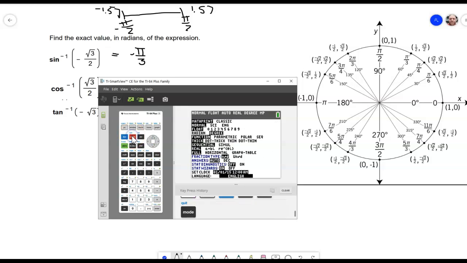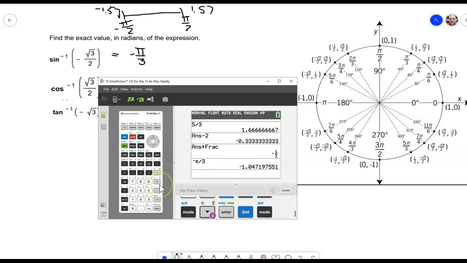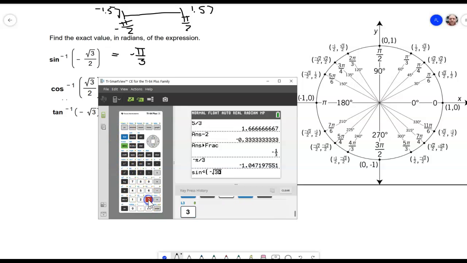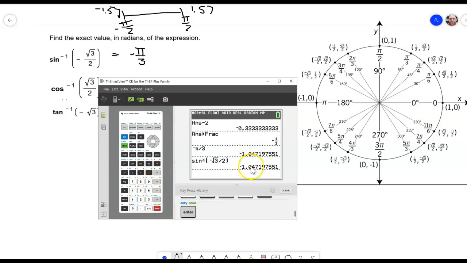Okay. So inverse sine, and then we're going to do negative second square root of 3 divided by 2. And there you go. Look at that. That was the answer right there.